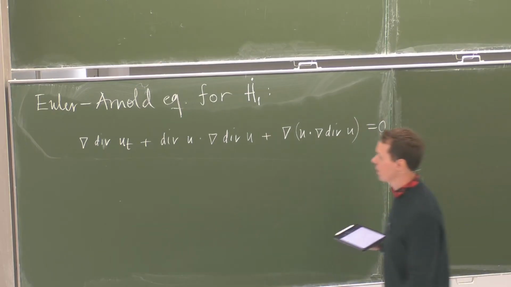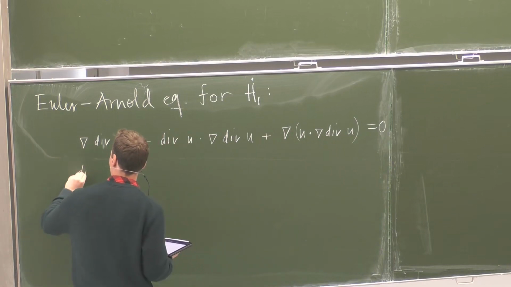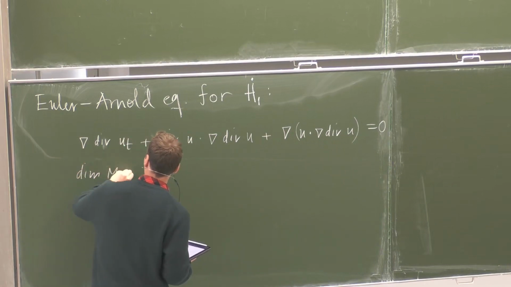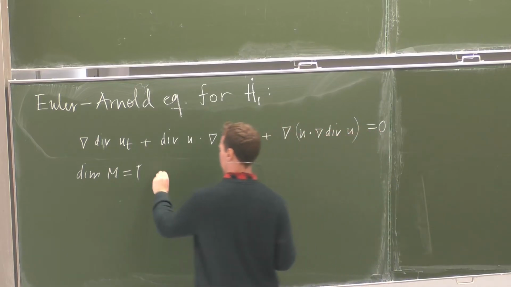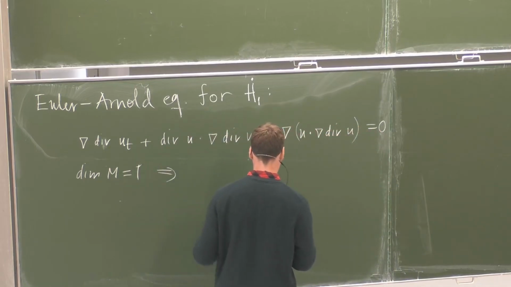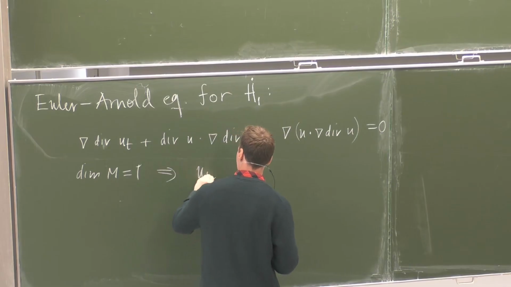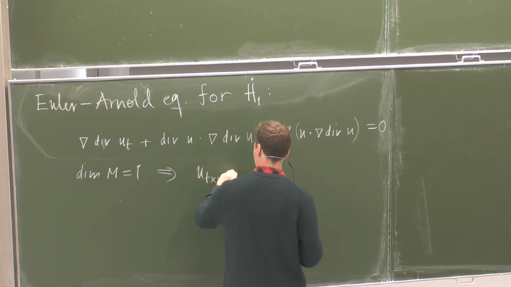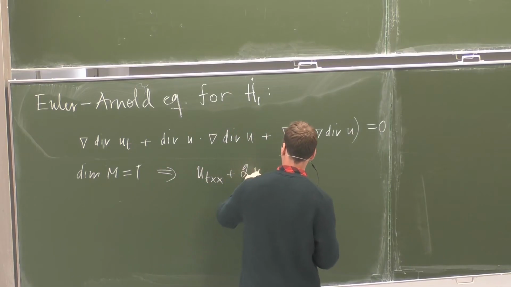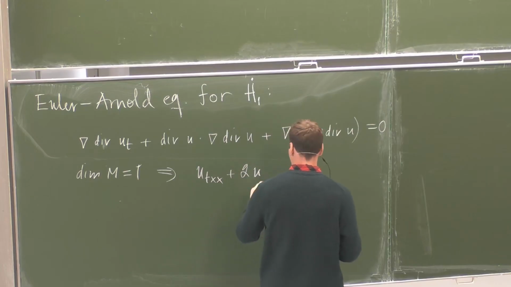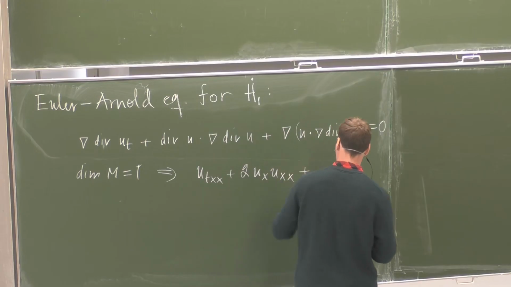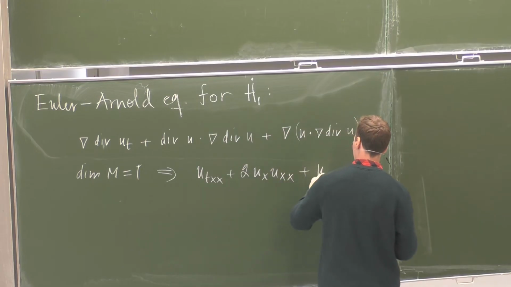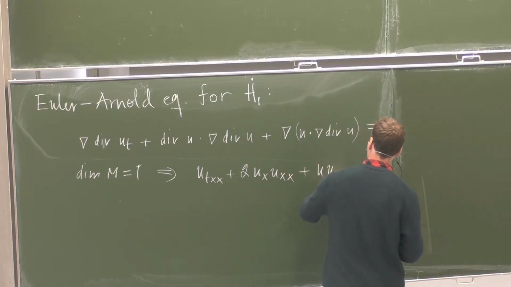And if you take the dimension of M to be 1, you compute this, you see what you get. You get u_txx plus 2 u_x u_xx plus u u_xxx equals 0.